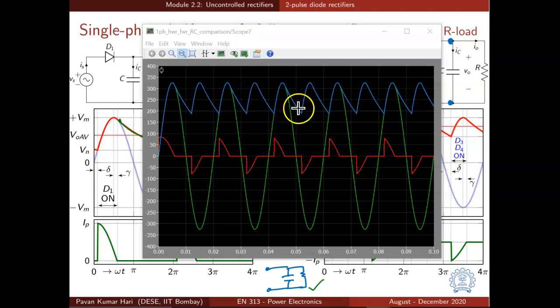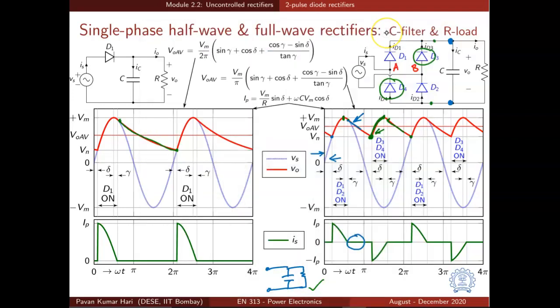So in the very first half cycle, diodes conduct for a very long time, but once the periodic steady state is reached, the conduction time of diodes will be very short, which is determined by delta and gamma. We have shown waveforms in periodic steady state in the slides.